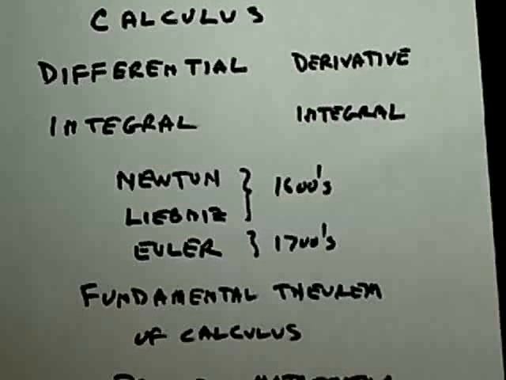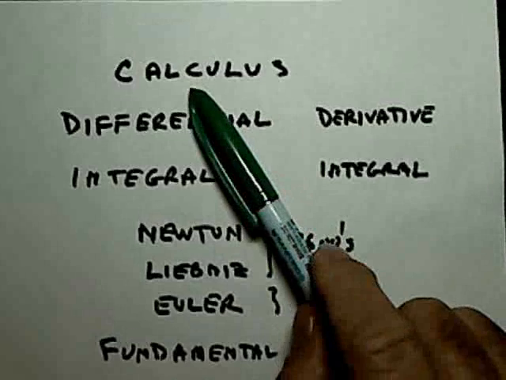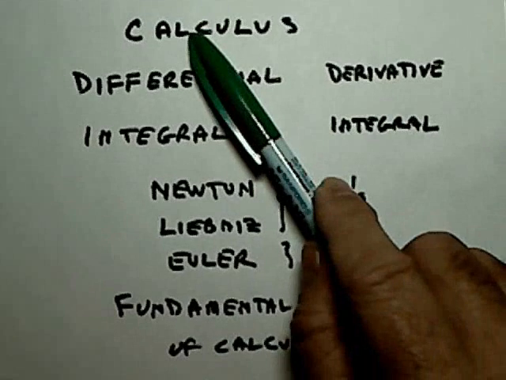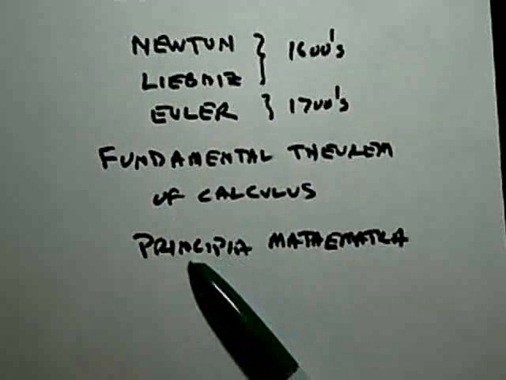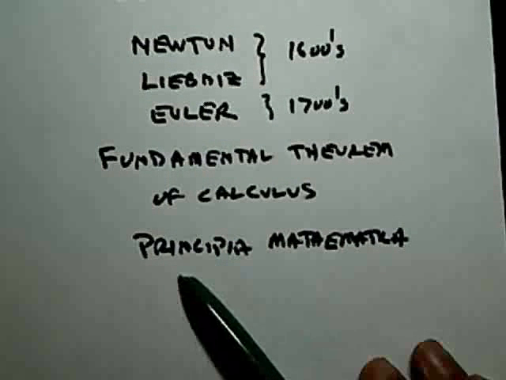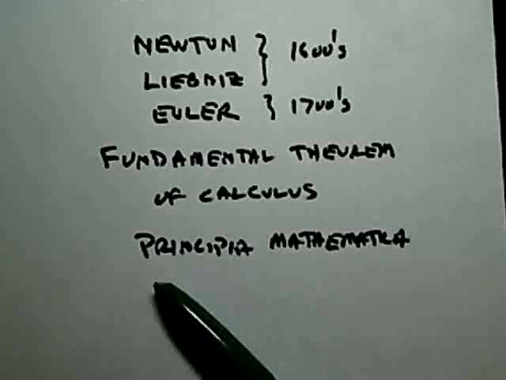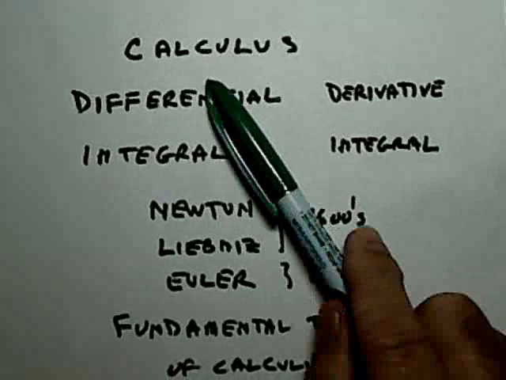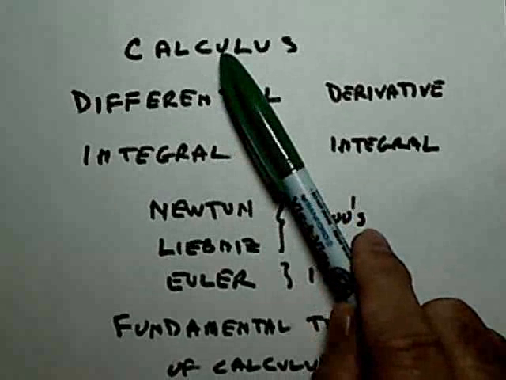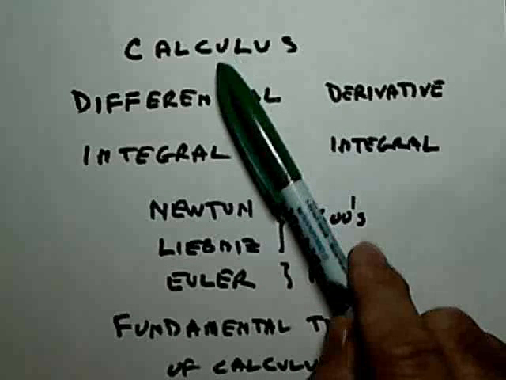Now, you might say, well, of what importance is calculus? How important is it? Well, the answer to that is basically it is responsible for modern technology as we know it. Modern technology and engineering and science all moved forward because of this tool of calculus, this powerful tool.